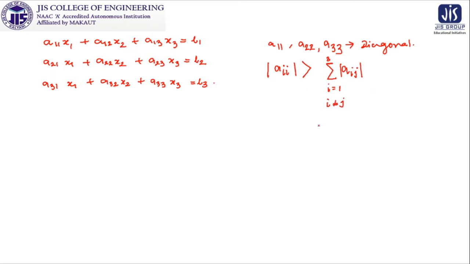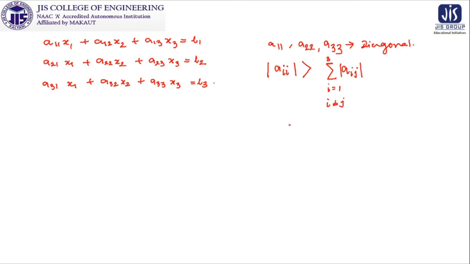That means the principal diagonal element, in its magnitude, is greater than the summation of the moduli of the remaining coefficients.